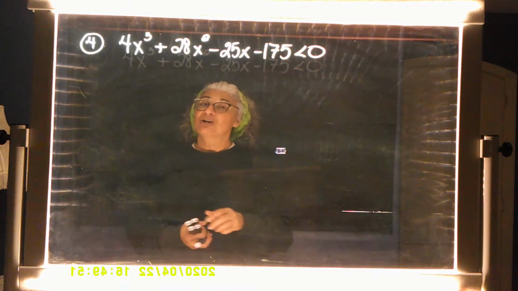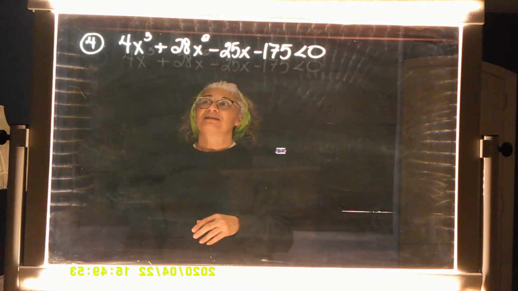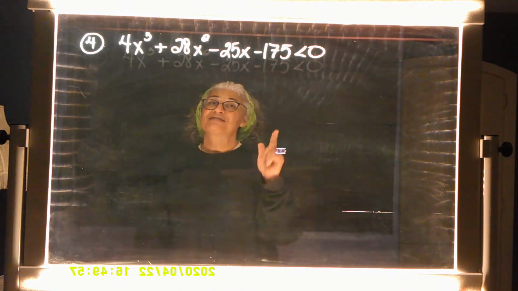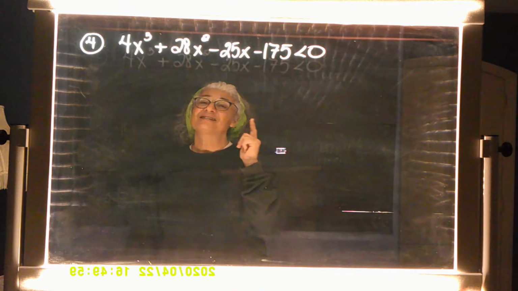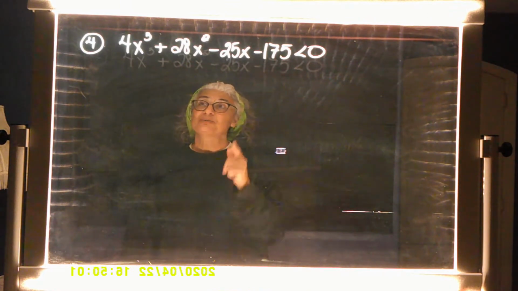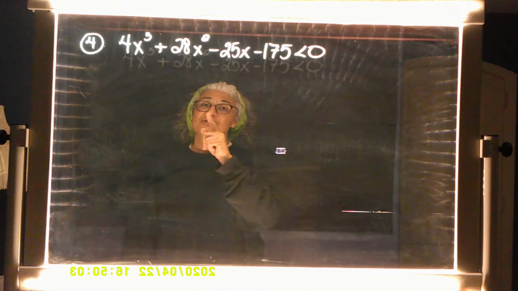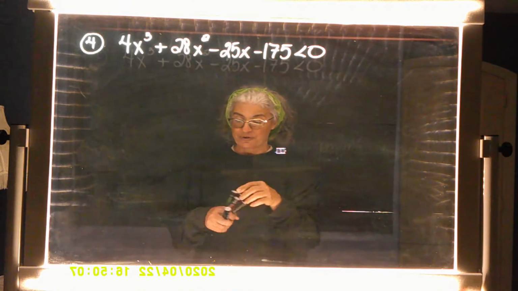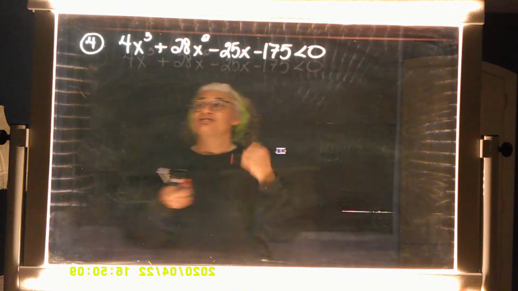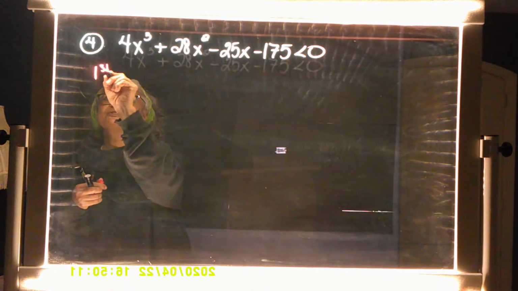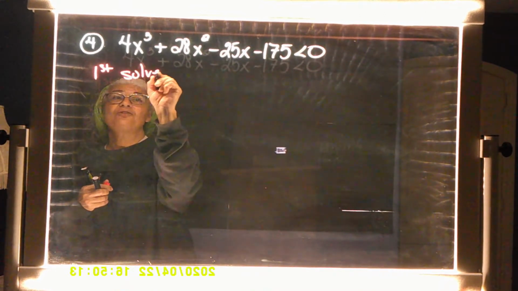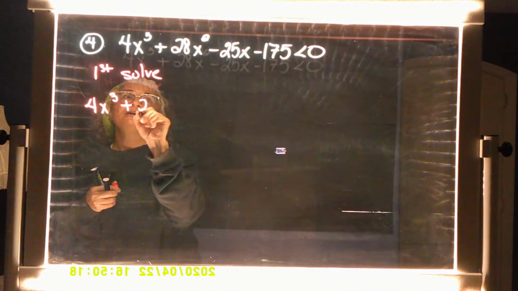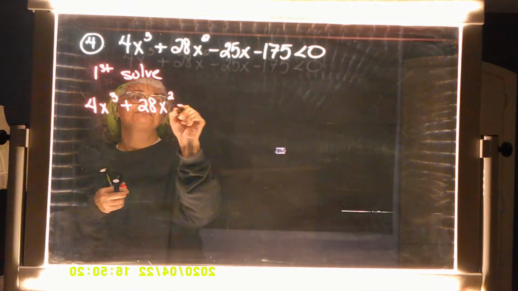Now, regardless, I have one choice to solve this, and that is factoring, because we have solved third degree equations before by factoring. So remember, the first thing we're going to need to do is first solve it as an equation, not an inequality, an equation.